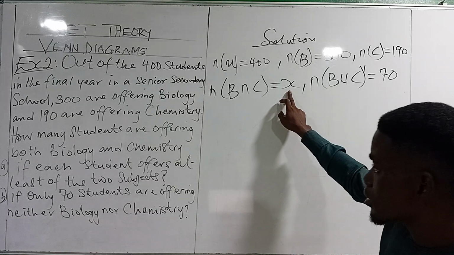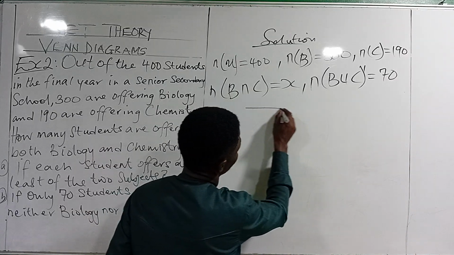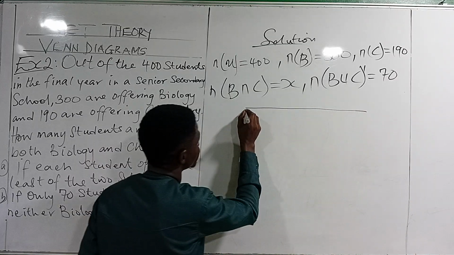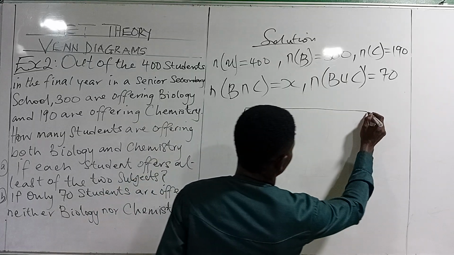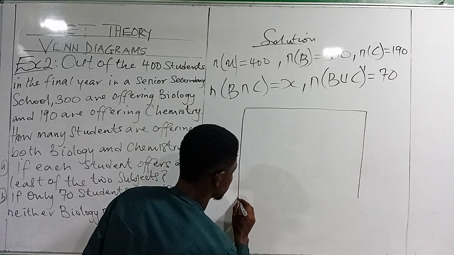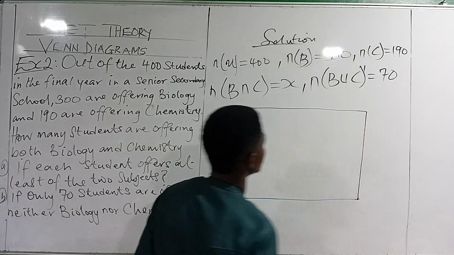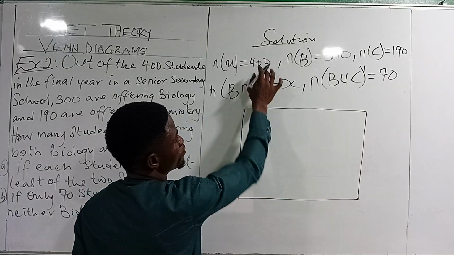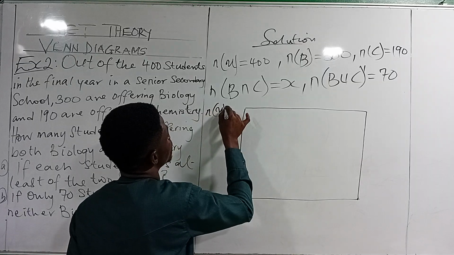Okay, we have this. Now draw your rectangular box. It's very important to draw a rectangular box. Good. So we want to put all this information here. So we have n, which is 400.